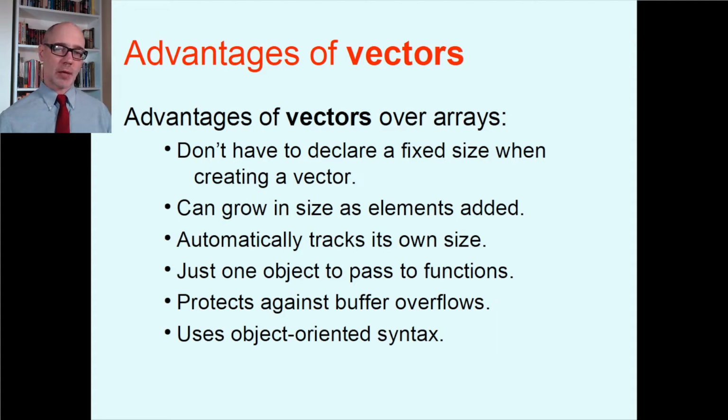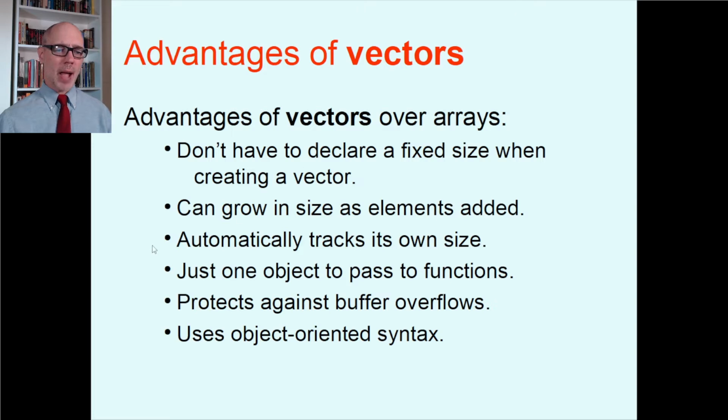Well, with vectors, you do not have to specify a size in advance because, number two, your vector can actually grow in size as elements are added. You add some stuff, it'll get bigger. You add some stuff, the vector will just grow to use up as much memory as you need. Obviously arrays cannot do that because you have a fixed size, and if you go past the end, you've got a buffer overflow and you're overwriting memory and the program crashes or something even worse.